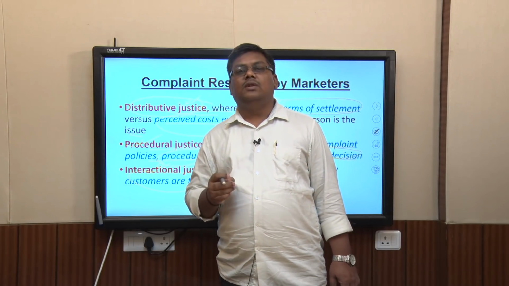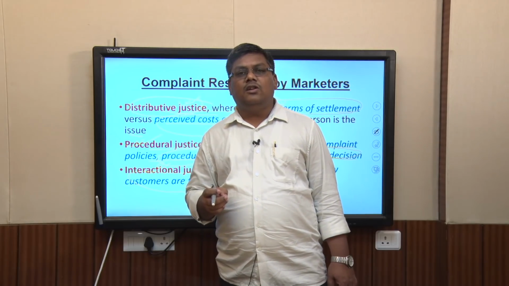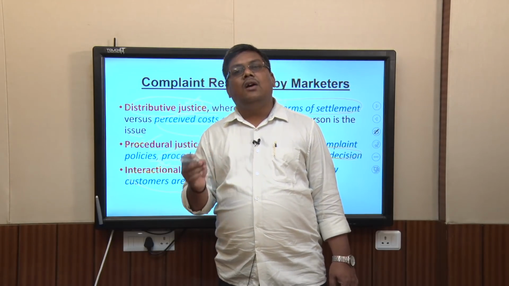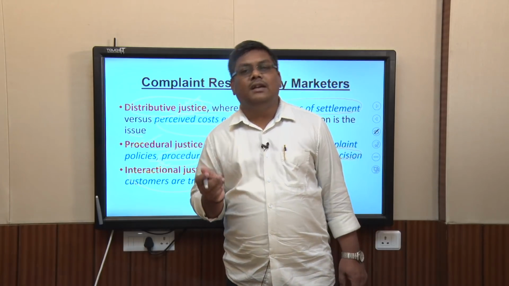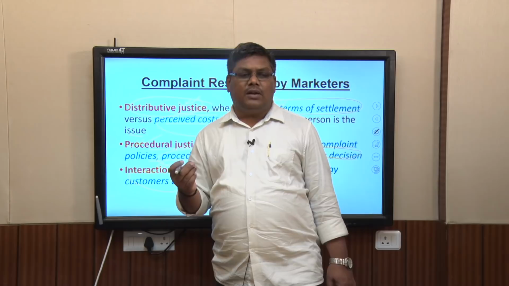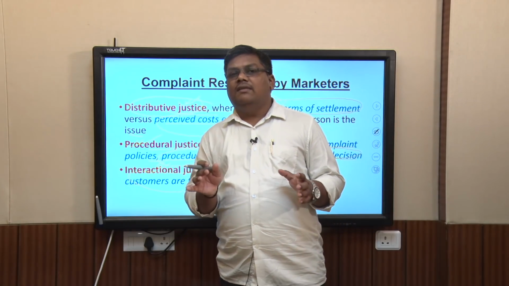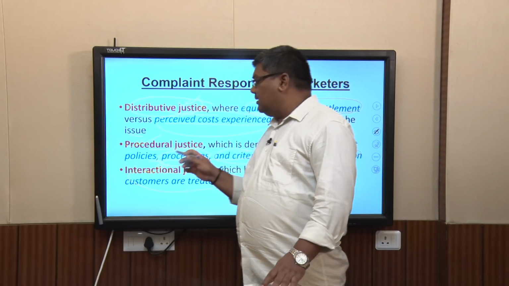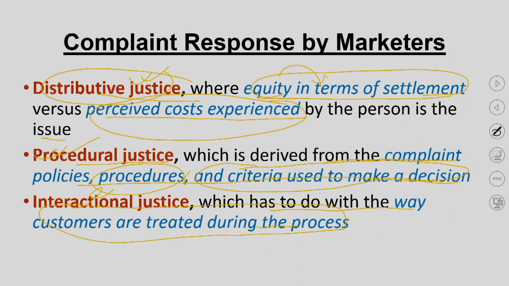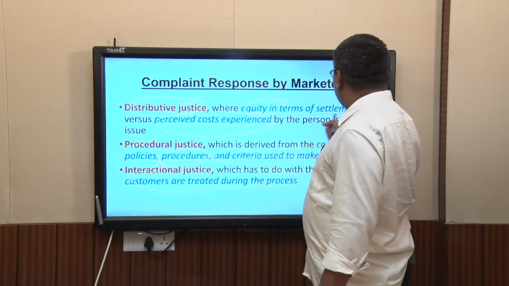So, offering that is also a kind of justice that the marketer can do. Marketers can think of how to address this complaint: people who can listen to them, in call centers or in sales and marketing, and provide them a feeling of justice, so they are treated well when they are complaining. In those cases, the marketer has in fact demonstrated interactional justice.